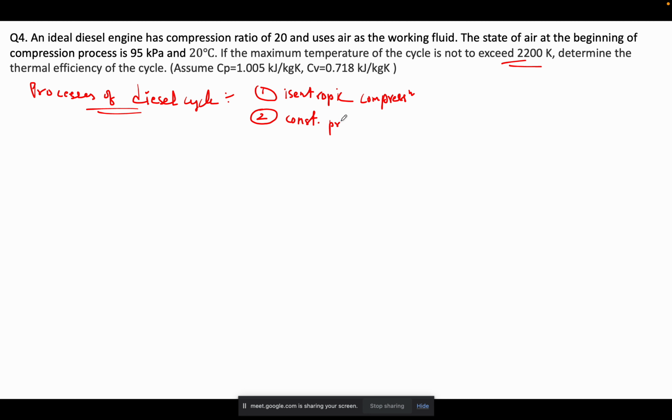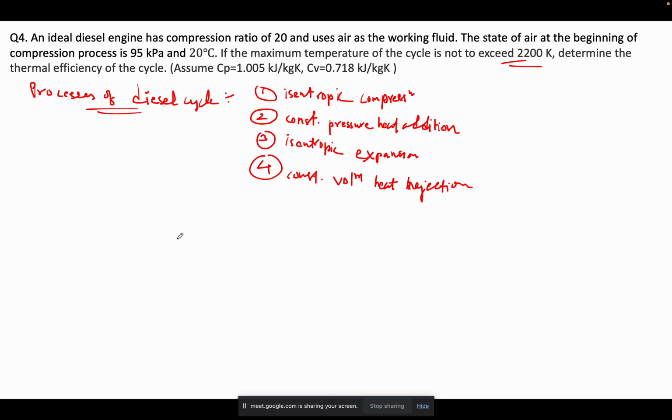Here it is constant pressure heat addition. The rest two processes are the same, that is isentropic expansion and constant volume heat rejection.